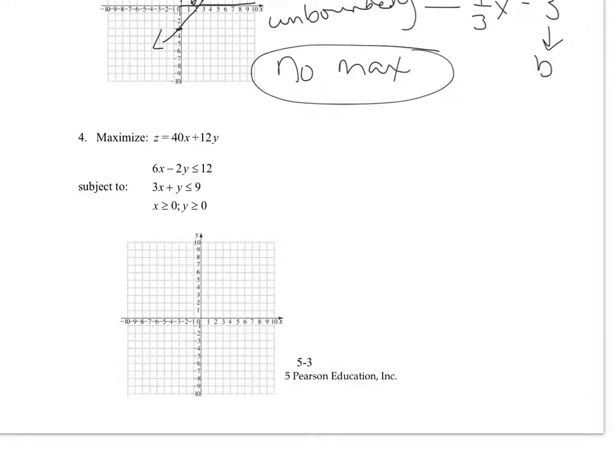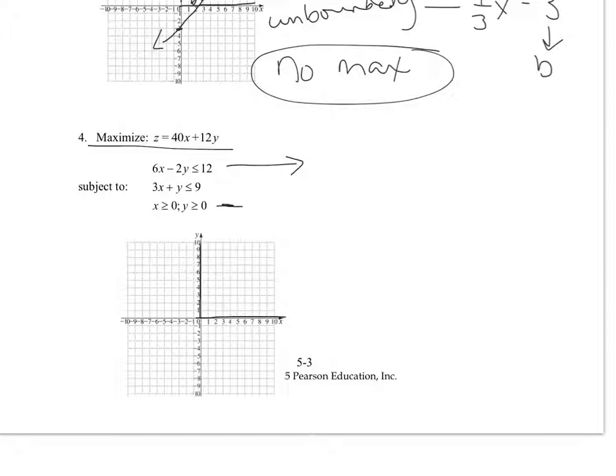Okay, here's another one. We're going to maximize this subject to these conditions. Now again, this right here tells me it's first quadrant. So I'm going to go ahead and sketch that part. Now I have 2 inequalities that I need to put on the graph. Let's take the 6x minus 2y is less than or equal to 12.